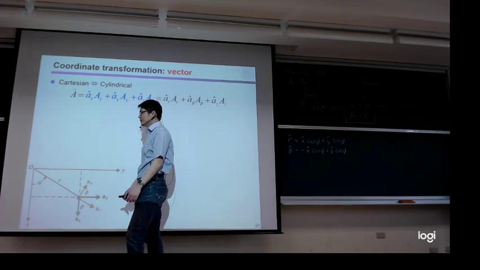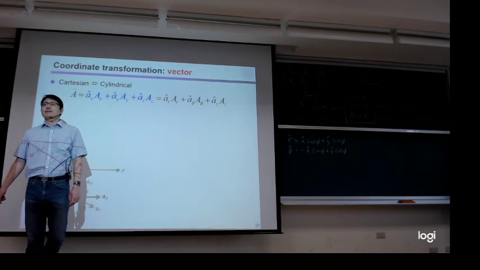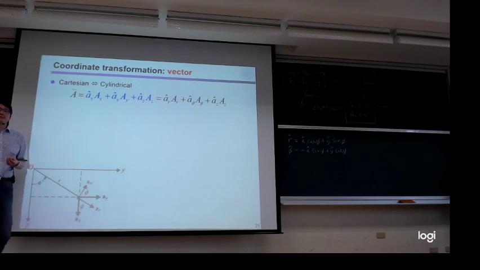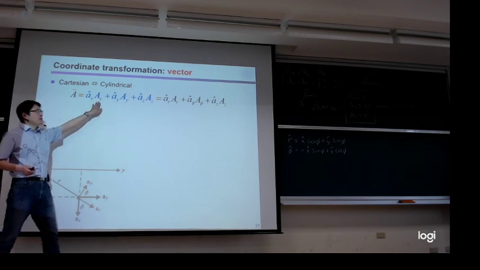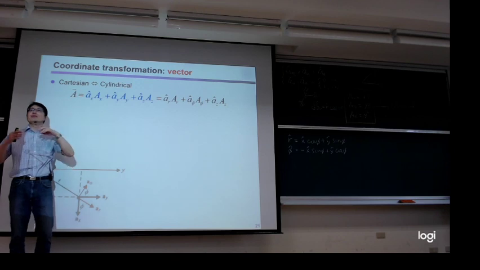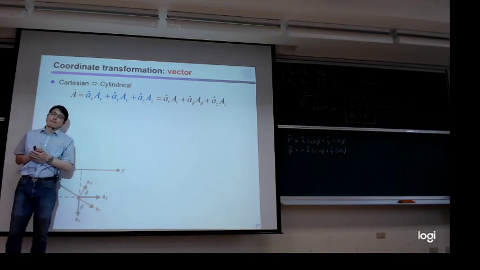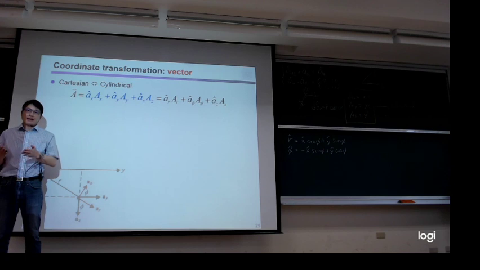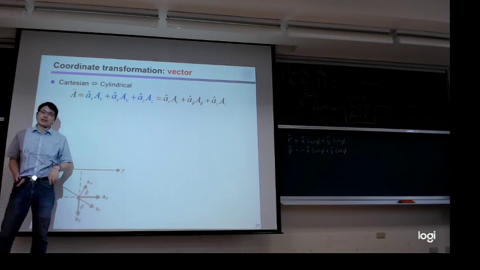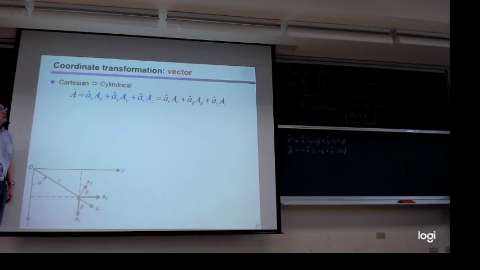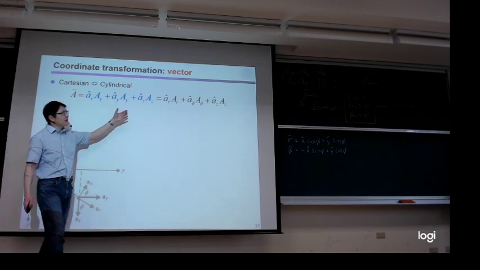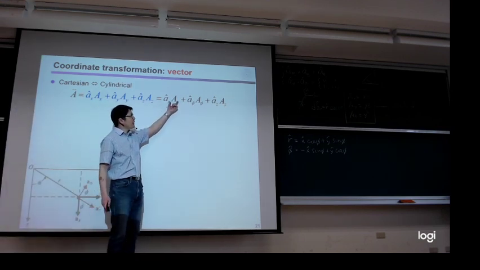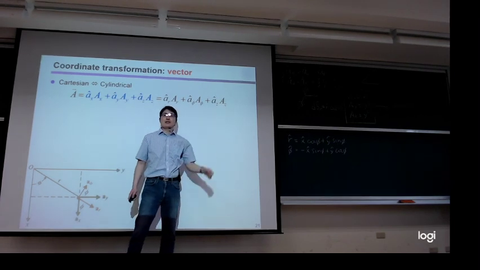Okay. But what is the methodology? How should we approach this problem? The ones in blue are something you know already. Suppose I gave you the vector expression in Cartesian coordinates. How can we find out the resulting Ar, A phi, and Az?